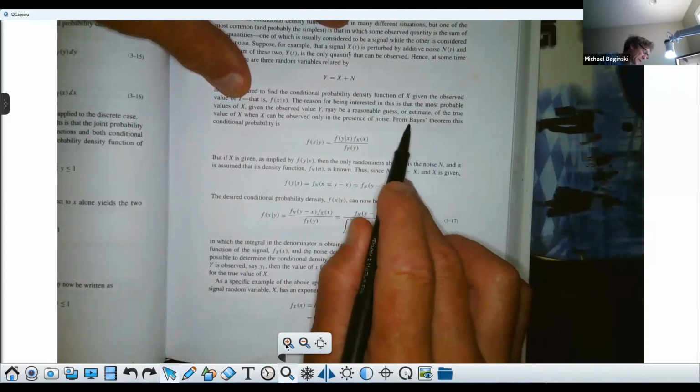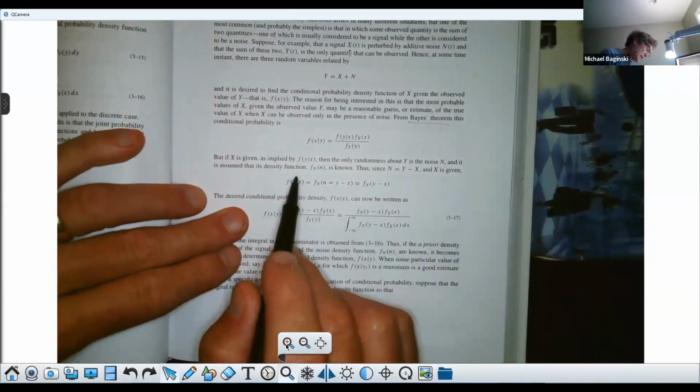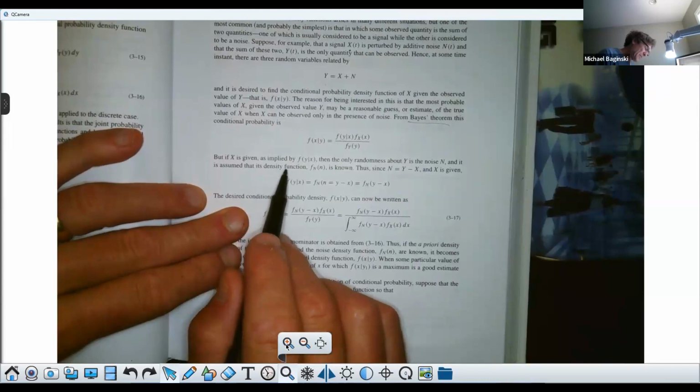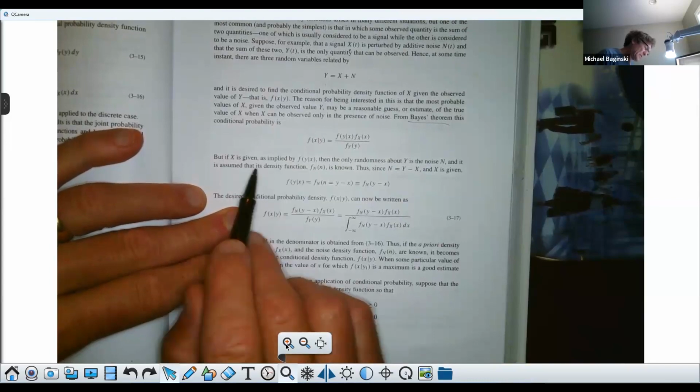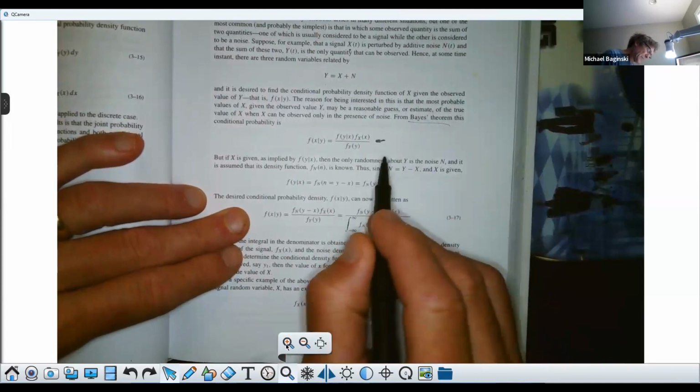Now, this is Bayes' theorem in a nutshell. If X is given as implied by f of yx, then here's the deal. This is the formula he's talking about right here.